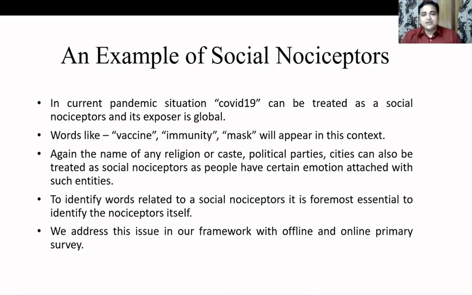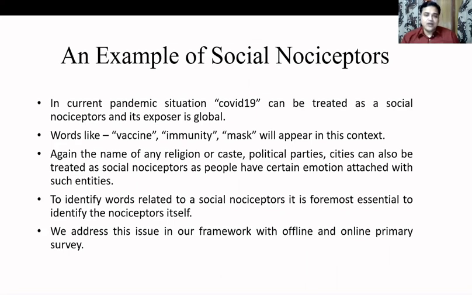As an example, in the current pandemic situation, COVID-19 is a term people are very sensitive towards, and it can be treated as a social nociceptor. Its exposure is quite global.